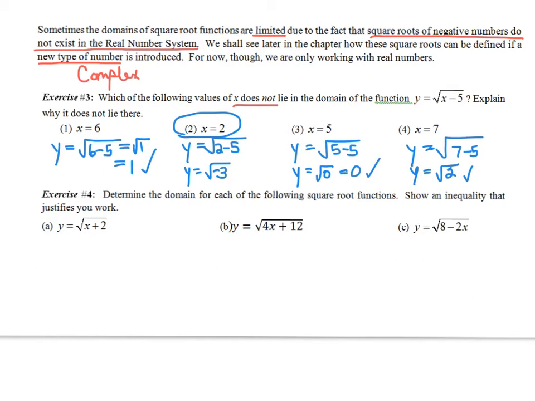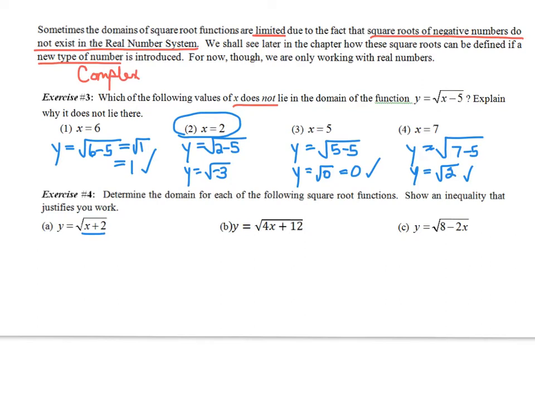So if we want to find the domain, let's take a look at exercise number 4, where we're going to set up an inequality to find the domain of each of these radical or square root functions. So in part A, I see that the radicand is x plus 2.